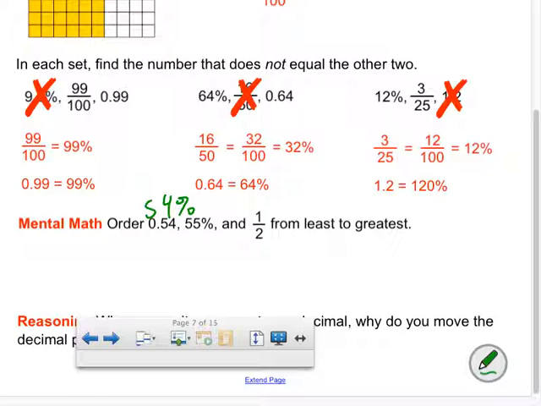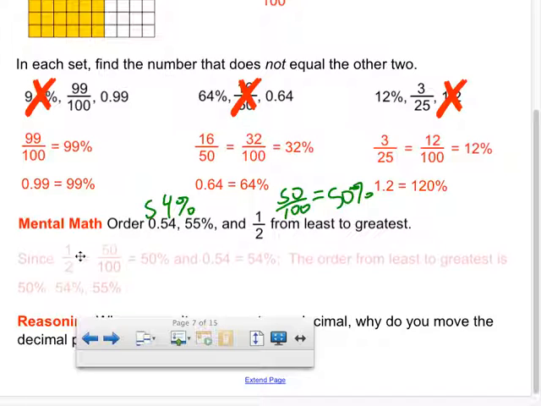So if I multiply 2 times 50, I get 100. If I multiply 1 times 50, what do I get? 50. So I got 50 over 100, and then that equals what percent? 50%. So, Atisha, can you tell me least to greatest, what do we have here? First 54, then 55%. No, look, we have 50%. That's smaller. Then 54, then 55. Very good. So my answer, 50, 54, 55.